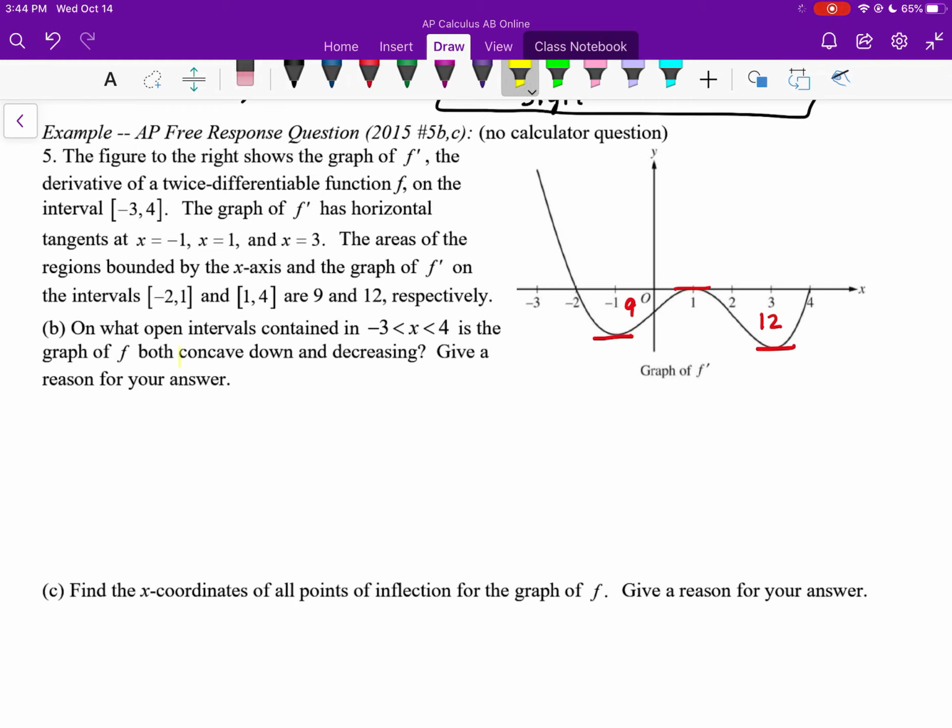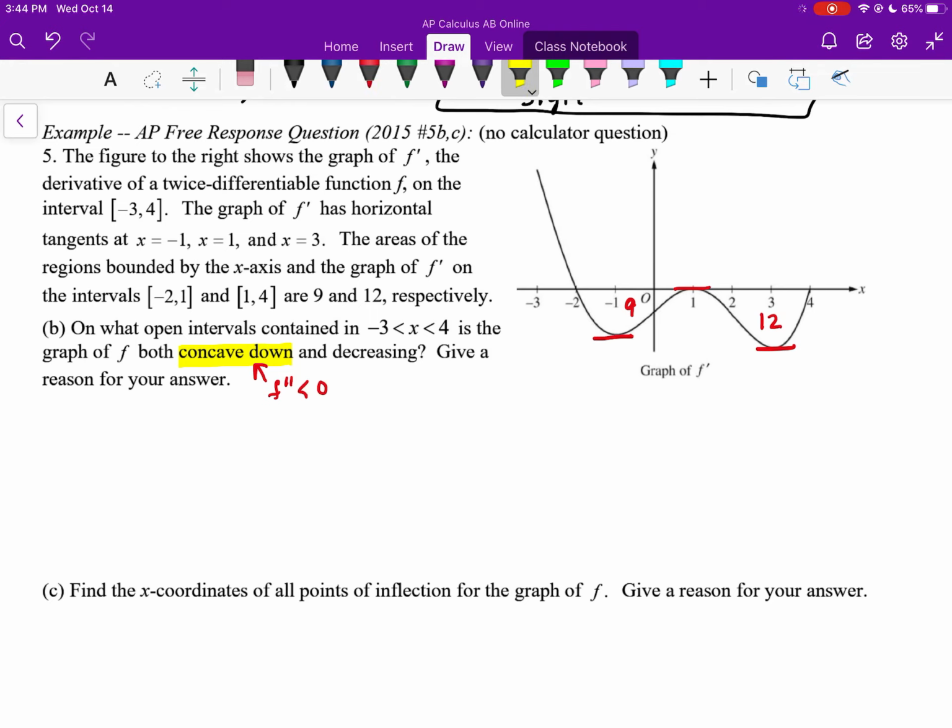And so what is the meaning of concave down? Concave down means that our second derivative is negative. And so I've got to find all the regions where that second derivative is going to be less than 0. How do you find the second derivative given the first derivative? Well, it's going to be the derivative of this.